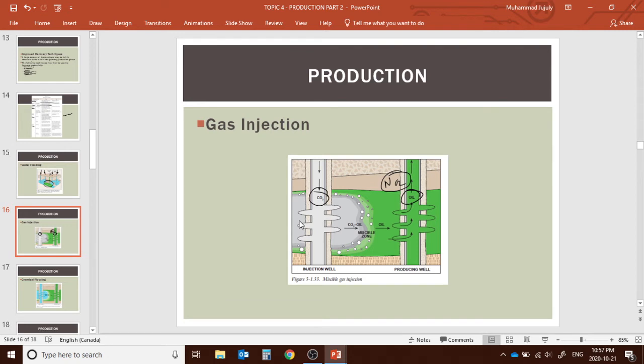Now if this dissolved natural gas is not a sellable portion, or if you don't have a pipeline to sell the natural gas, you can just vent it out, or you can use it for the recovery. You can re-inject this natural gas, okay, or even carbon dioxide, and then, through the perforation tube, it will go out and push this oil, okay, and then this oil will go out.